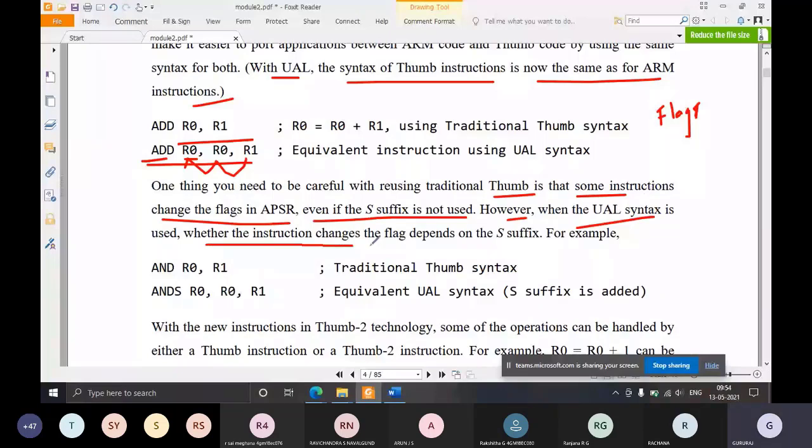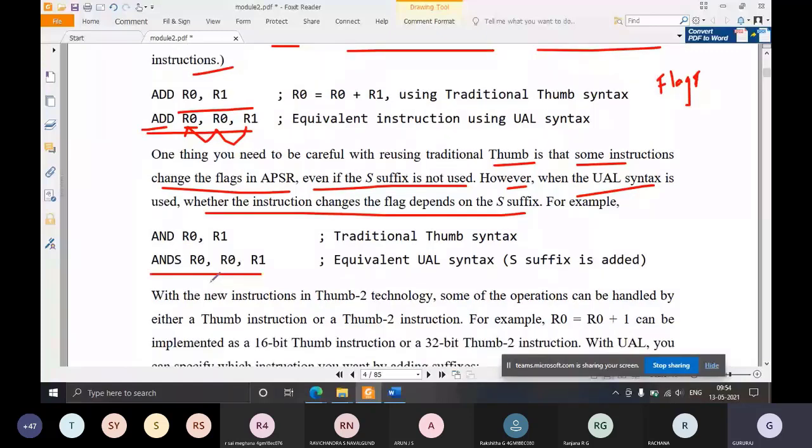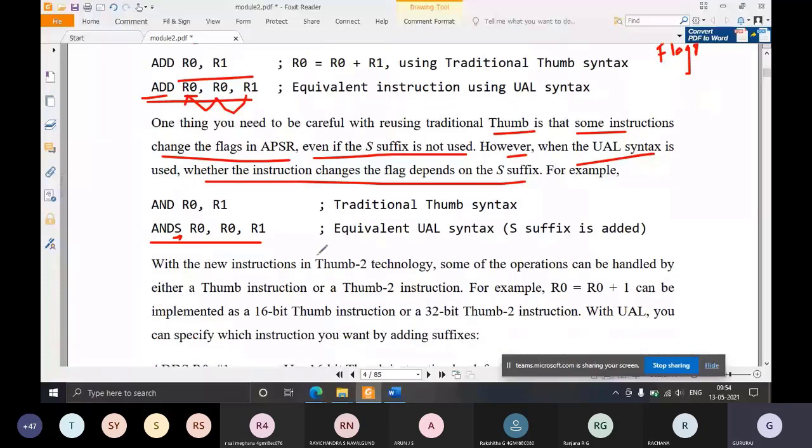Whether the instruction changes the flag depends on the S suffix. This is the UAL syntax wherein you have complete control. You are including S here, which means you are controlling the updating of flags. So S means you will update the flag, and if you don't use S, then the flag is not updated.